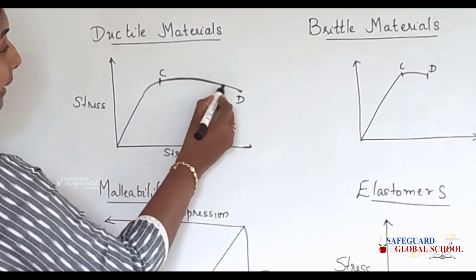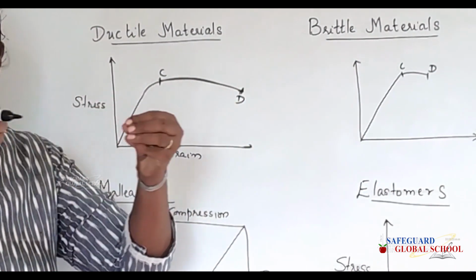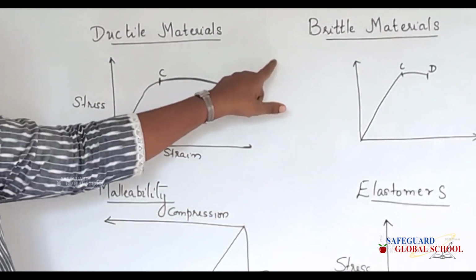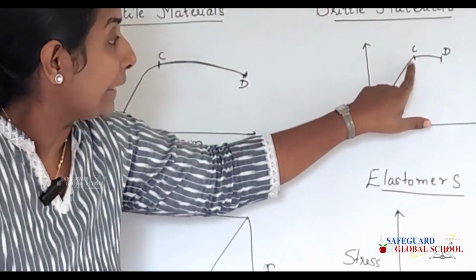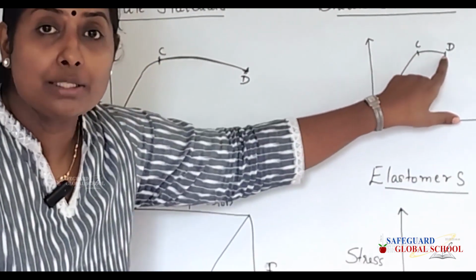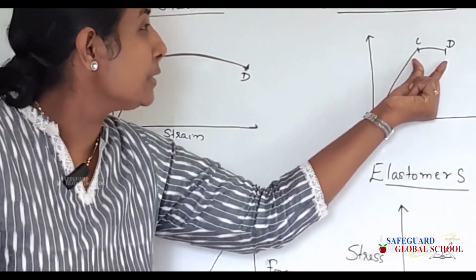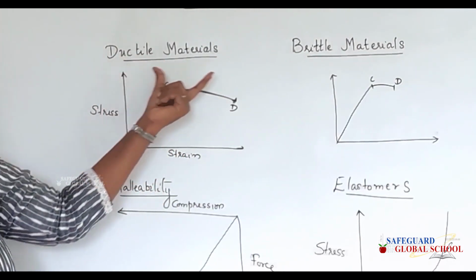It's a very lengthy region between C and D. What does it mean? We can stretch that wire, and the material is ductile. So, look at the brittle materials. They are not ductile. Look, the gap between points C and D is very small. If it is very small, it is a brittle material. If it is large, it's a ductile material.